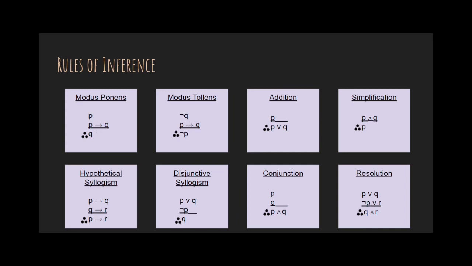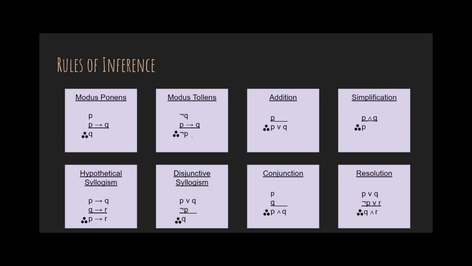Modus tollens says, and this is, by the way, a good example of a contraposition, and I'll show why in just a second. It's saying if P is true, then Q is true. Q is not true, therefore P is not true.